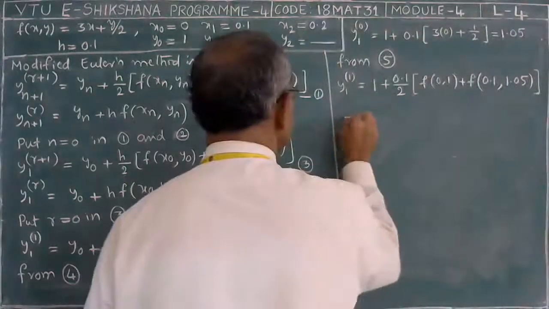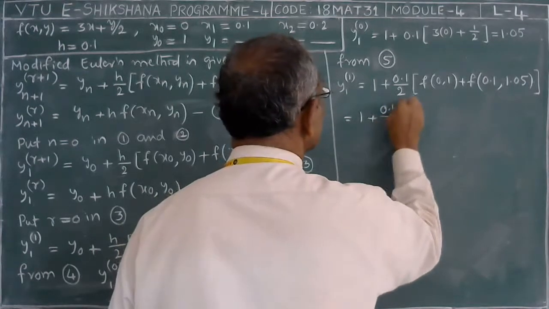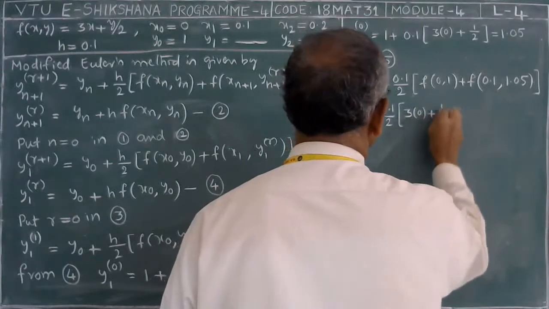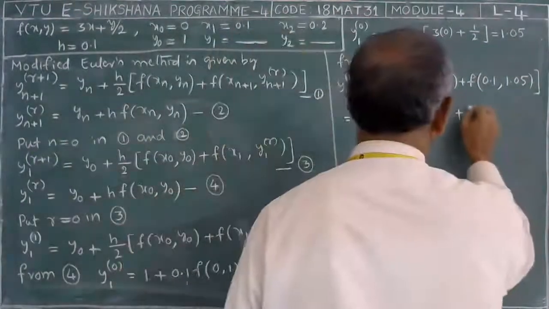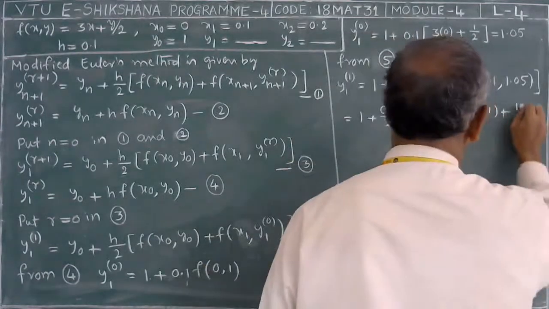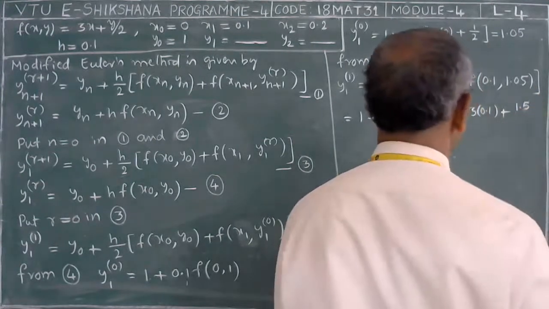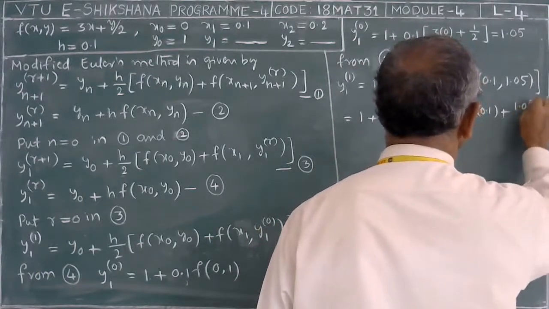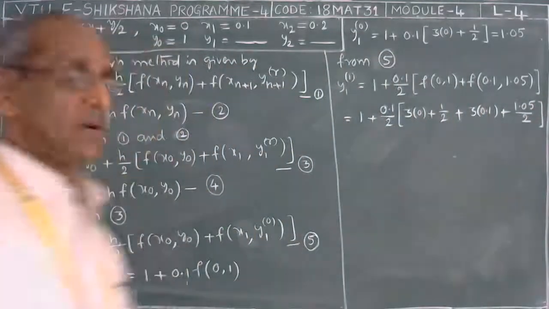So this will be 1 plus 0.1 divided by 2 into 3 into 0 plus 1 divided by 2, that is 1 by 2, plus 3 into 0.1 plus 1.05 divided by 2.